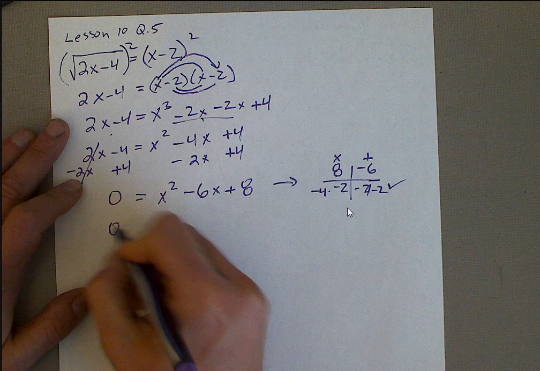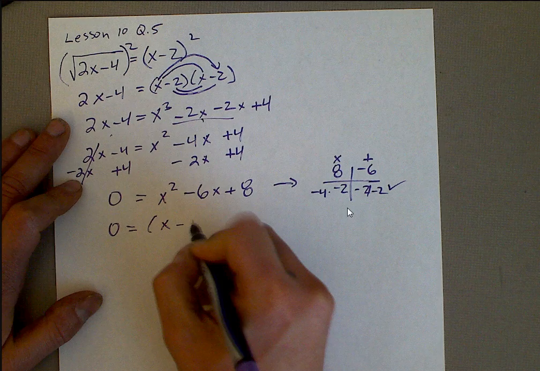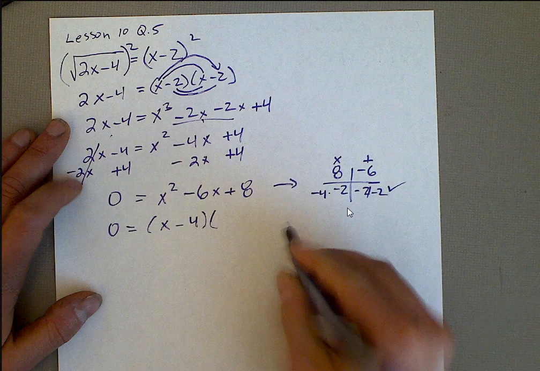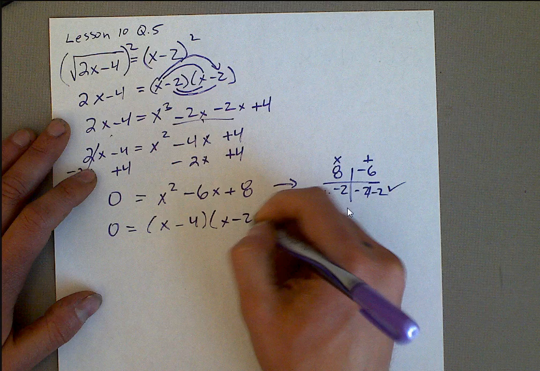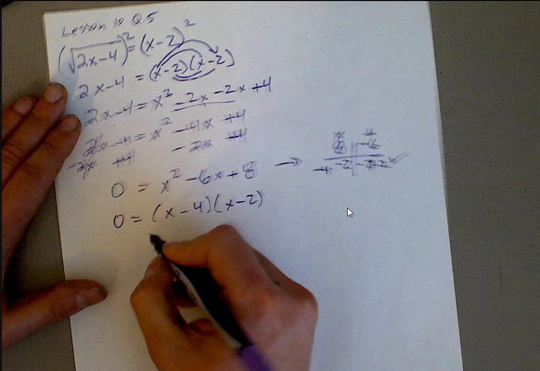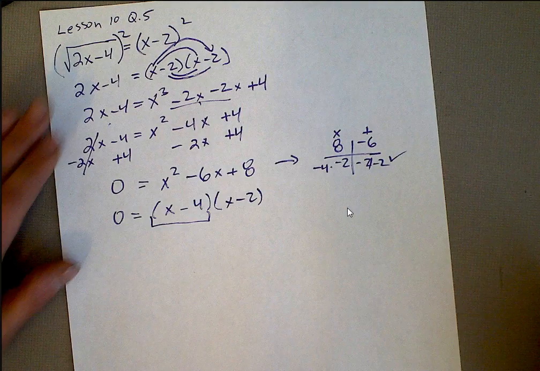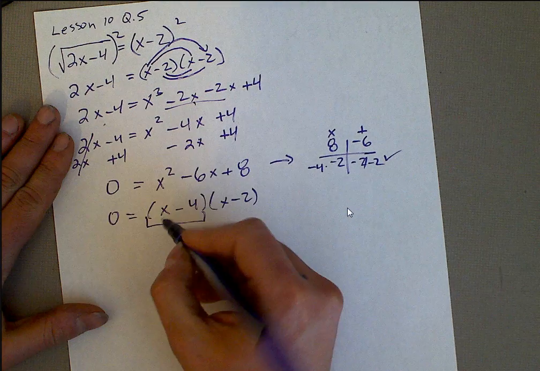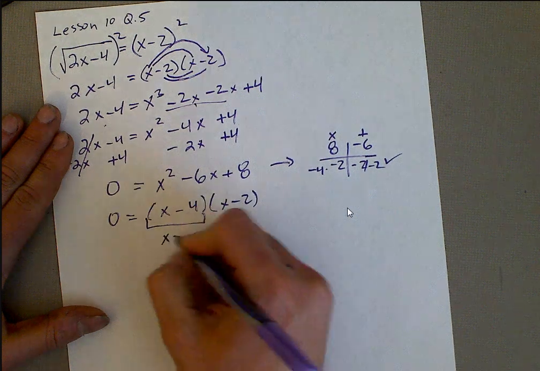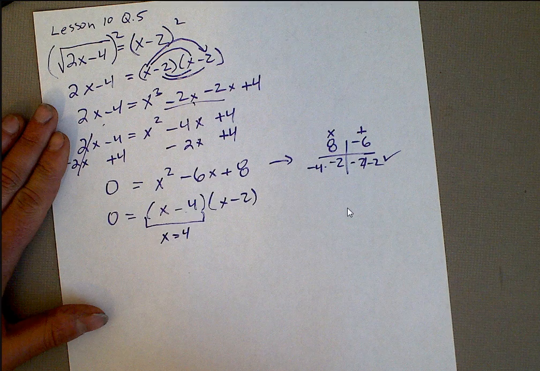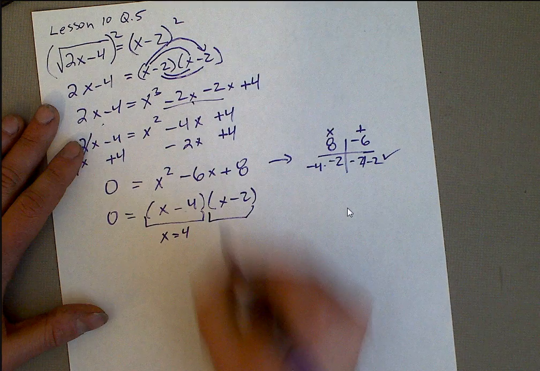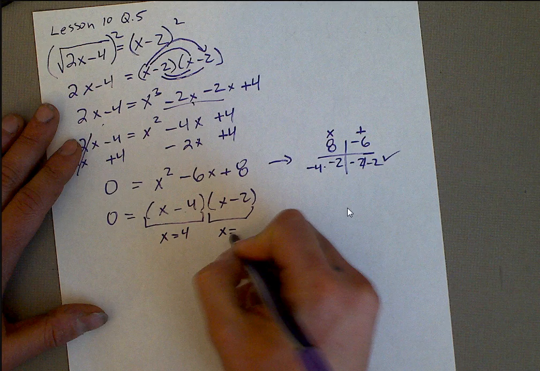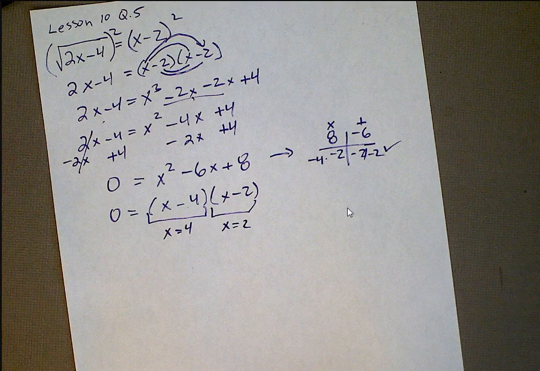So that means we can rewrite this as x minus 4 and x minus 2. And then your solutions are what makes each binomial equal to 0. So in this case, 4 minus 4 is 0. So x has to be 4. And then 2 minus 2 is 0. So my other solution is 2.